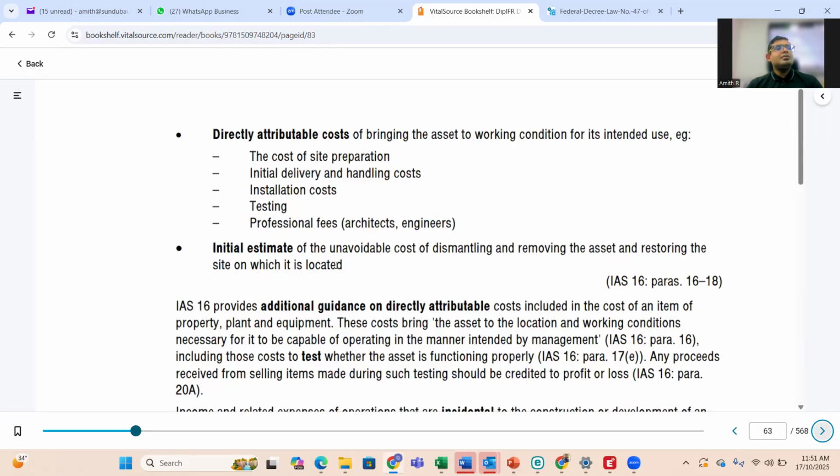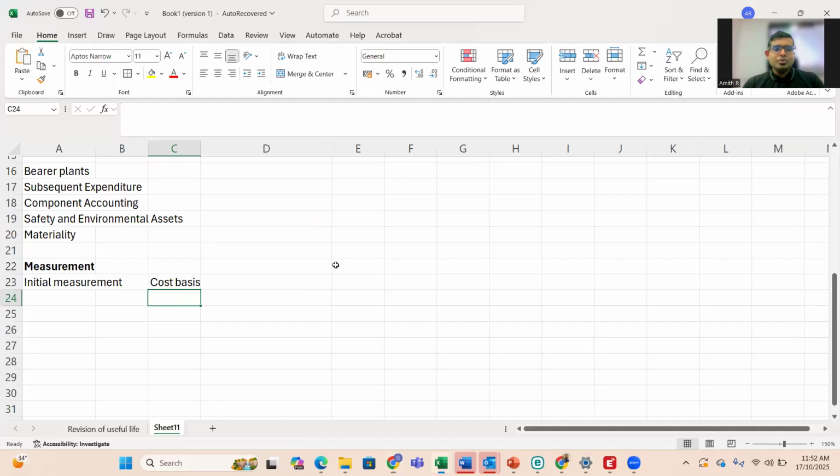That should be in provision, under Ind AS 37. It is a part of PPE. Not just installation, but if I incur any cost of dismantling, the present value of it should be capitalized right now. But it would be a provision also. You will get that once you understand the journal entry.